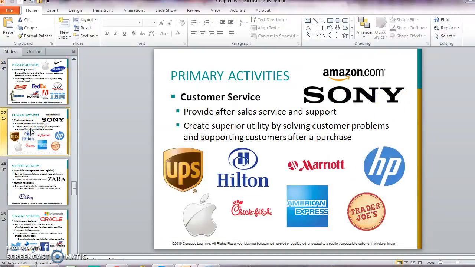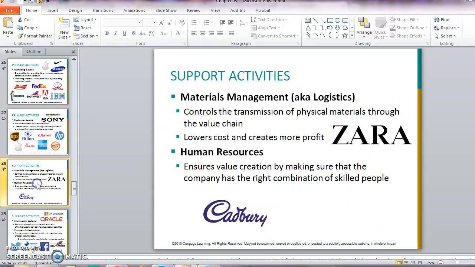Customer service, after sales service and support, superior problem solving on behalf of the customer, and supporting customers after purchase. You could see where the value chain would break down without that component, that even a company that has the best products that match customer needs can fall down on the side of supporting customers and thereby lose the competitive advantage they might have gained.